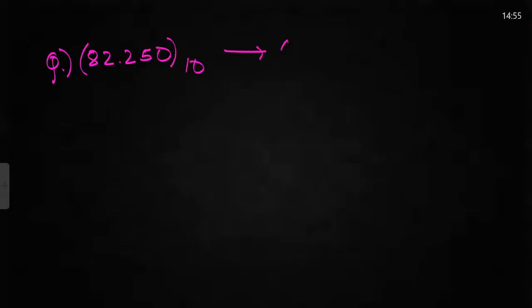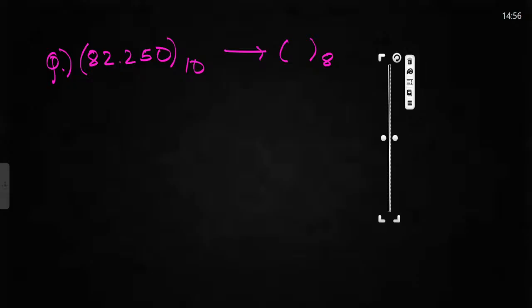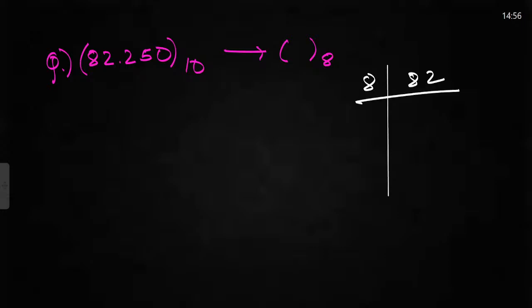Now I want it in base octal. 82 divided by 8 gives 10 remainder 2, 10 divided by 8 gives 1 remainder 2, and 1 gives 1. So 120. So 82 is 120.